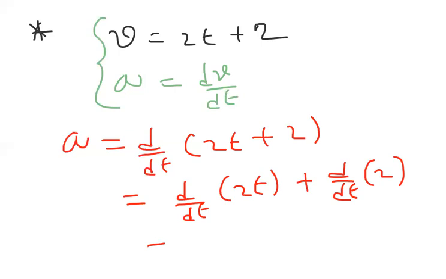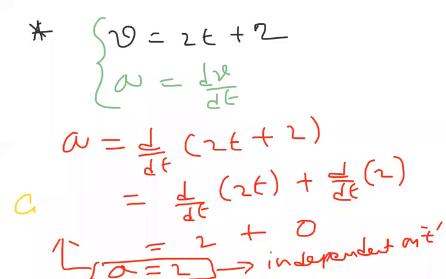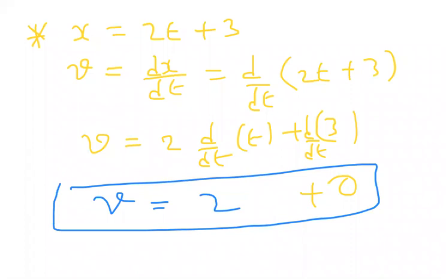So differentiation of 2t I can write as 2 into 1, which gives velocity as 2.